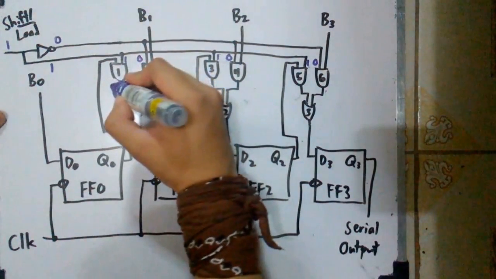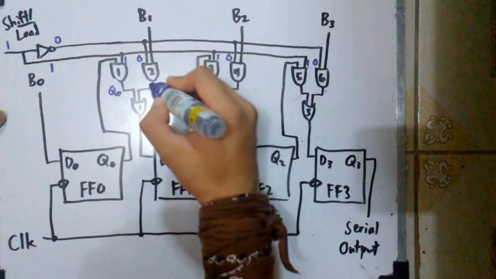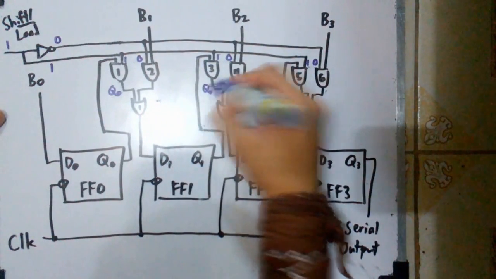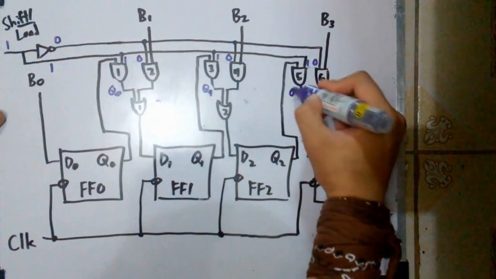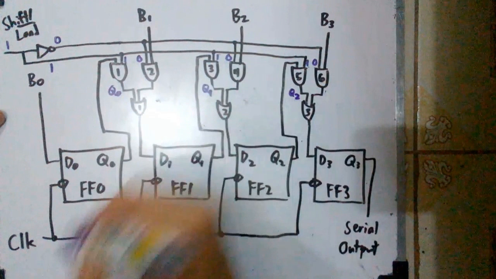The other inputs for AND gate numbers 1, 3, and 5 will be the values of Q0, Q1, and Q2 respectively. This will make the outputs of AND gate numbers 1, 3, and 5 to be the values of Q0, Q1, and Q2 respectively. The other inputs for AND gate numbers 2, 4, and 6 will still be the values of B1, B2, and B3 respectively.